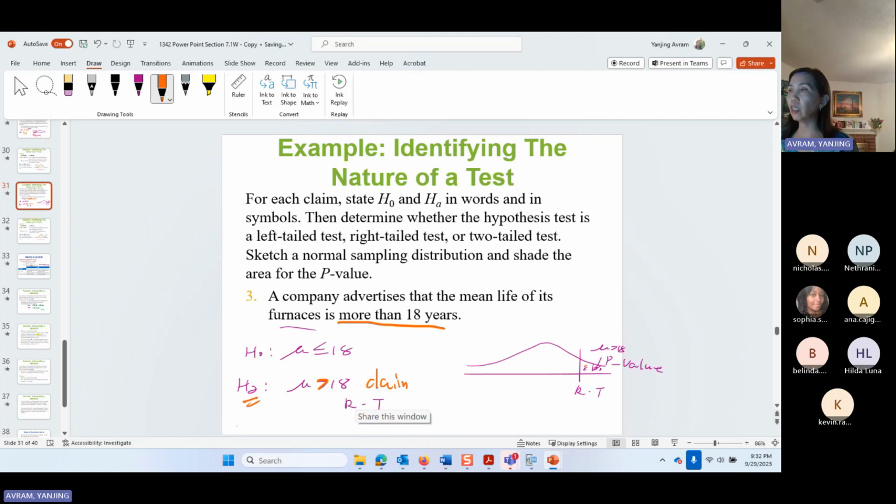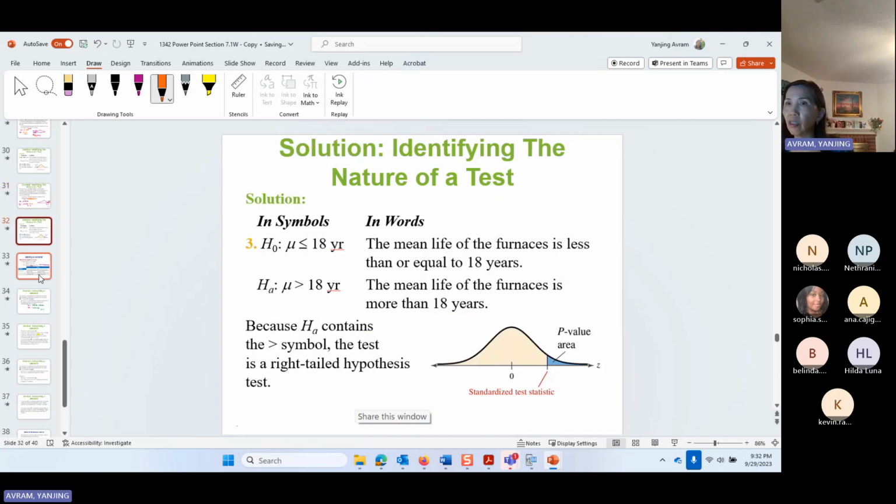This is a right tail test, because greater than is on the right side. It's also called one tail. And my null will be the complement for greater than, which is less than or equal to. So that's how you write down your null and alternative hypothesis in this kind of situation.